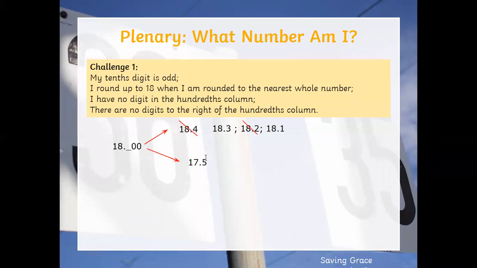Then for 17.5, we also get 17.6, 17.7, 17.8, and 17.9. We also know that it's not an even number, so it's not 17.6 and it's not 17.8. So the possible values that it can be are 18.3, 18.1, 17.5, 17.7, and 17.9.